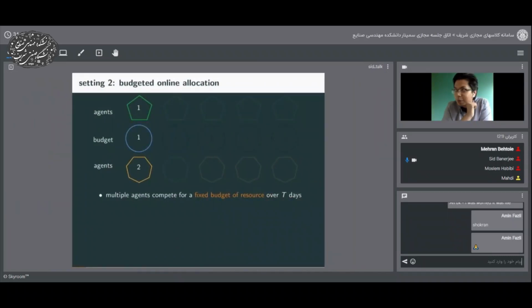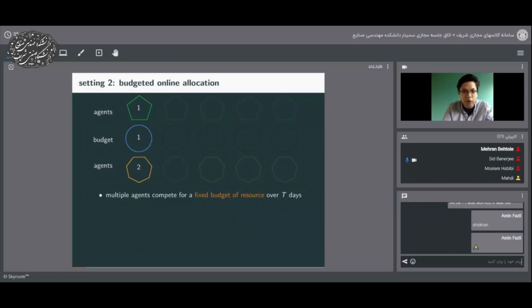I've used the same pictures, but the difference here is that I'm now going to assume that this resource is actually budgeted. What I mean by that is the resource of 1 unit is available at the beginning of, say, 1 day, and then you must give it out that day. So maybe you have an airplane and you're selling seats on the airplane, and you have 1 unit of seats.